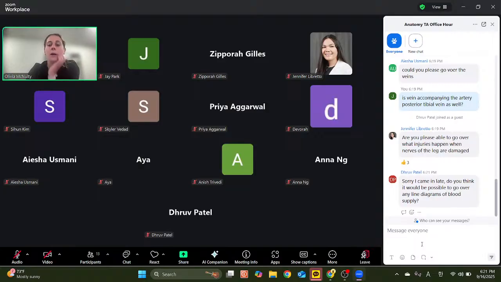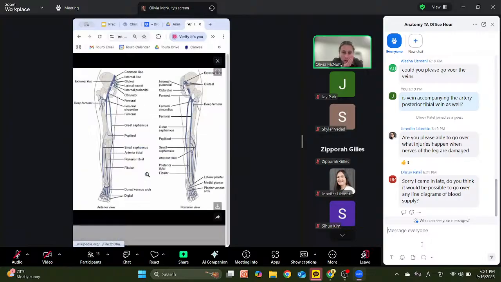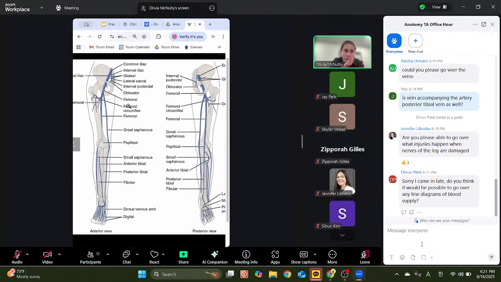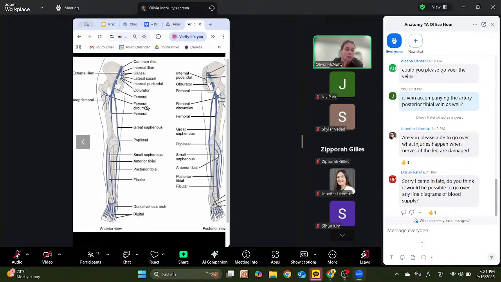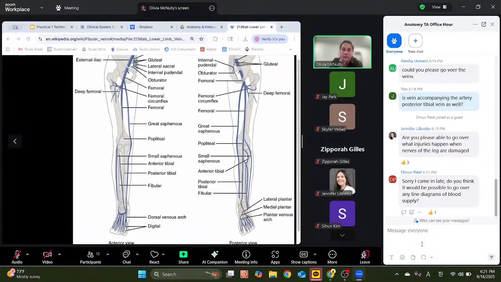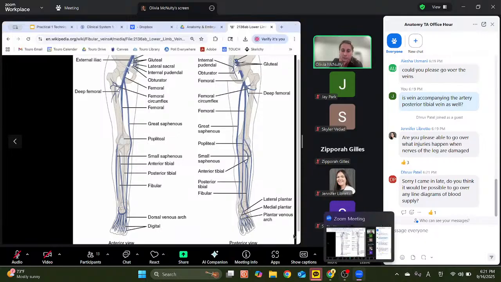Okay, let's start with veins of the leg. Line diagrams of blood supply, we might have time to get there. When we think of veins of the legs, the best way to do this is knowing there are a couple of relationships that are important to be aware of.